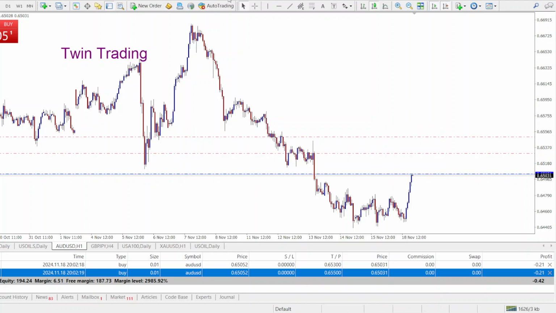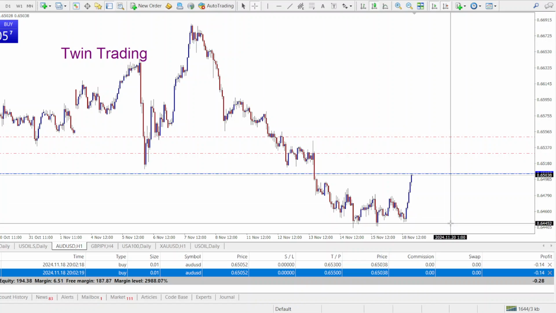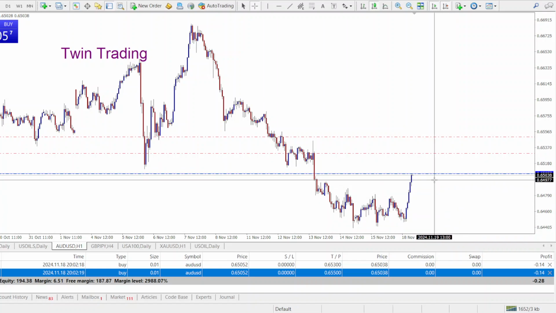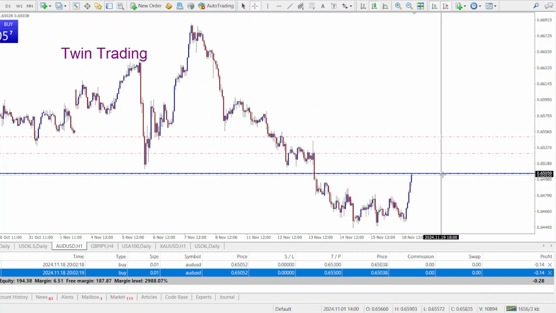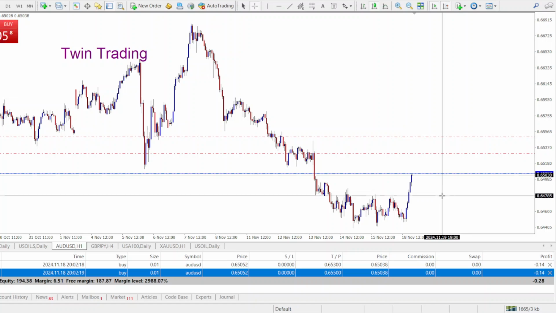Okay, and the stop loss levels should also be at different points. This is the 1 hour chart, right? So I'm going to use beneath this candle and beneath this candle.